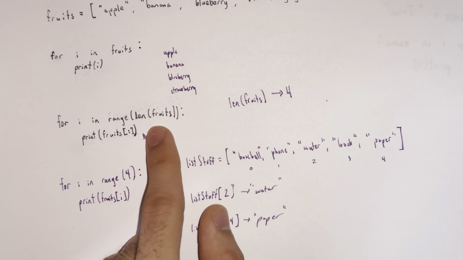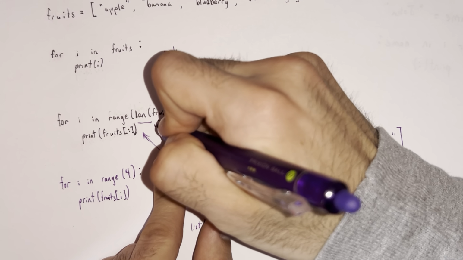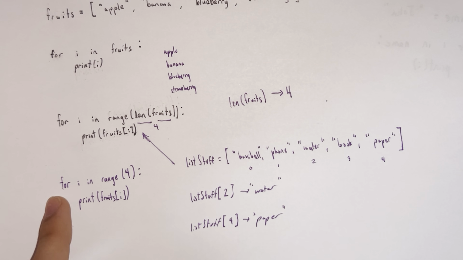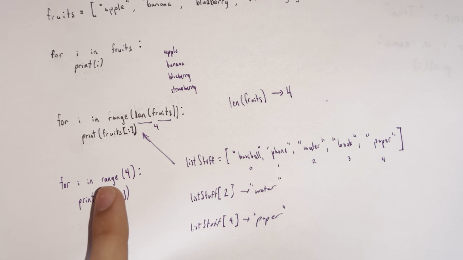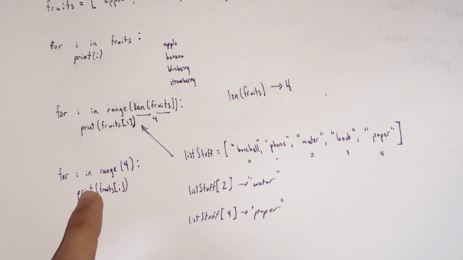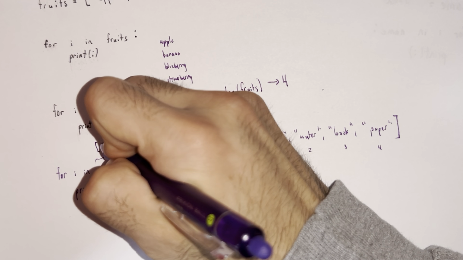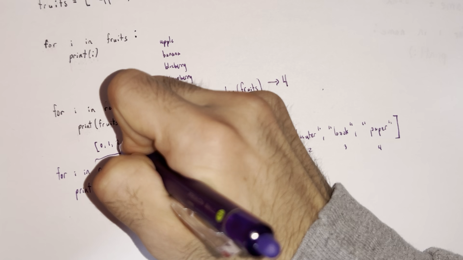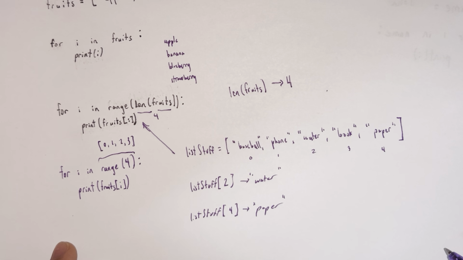So for I in range, len fruits, because this is 4, you know? And for I in range 4, right? What that is saying is, okay, I have a list, a range 4, right? That's like saying I have a list 0, 1, 2, 3. 0, 1, 2, 3 is my list.